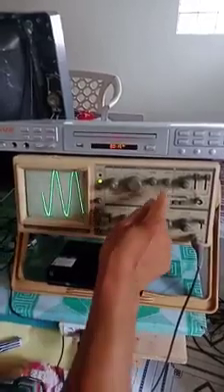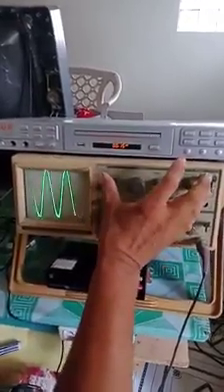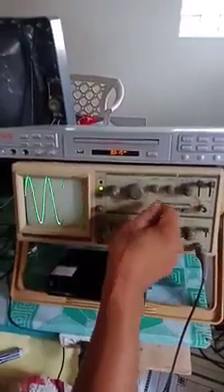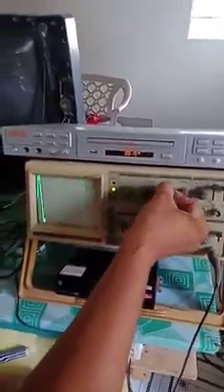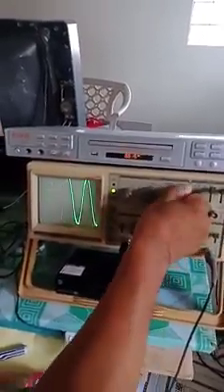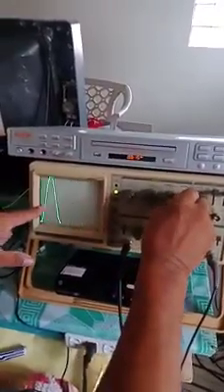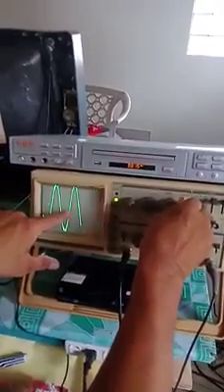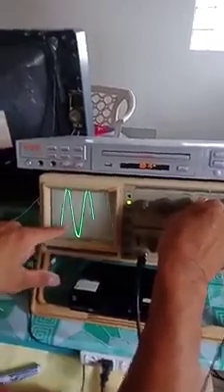These controls now are common to both channel 1 and channel 2. We have here the control for moving the image sidewise. Set it to the center here.